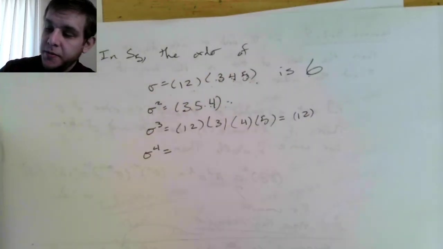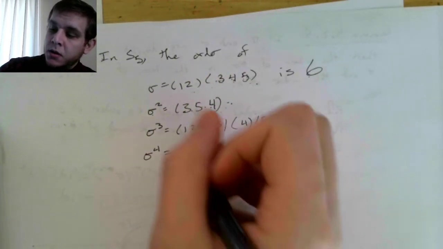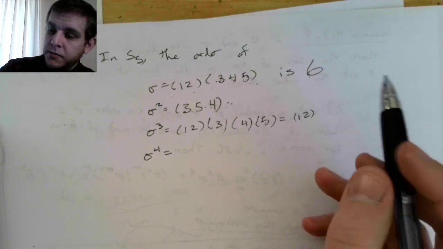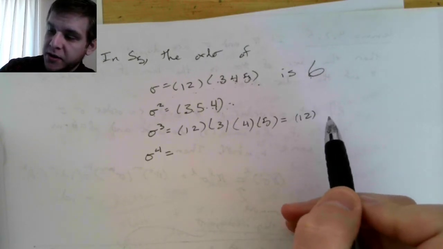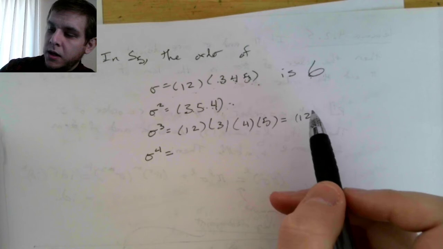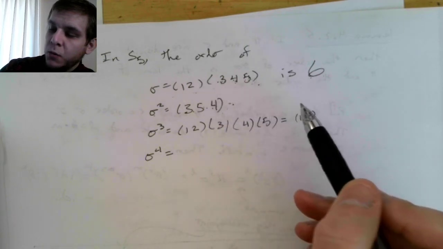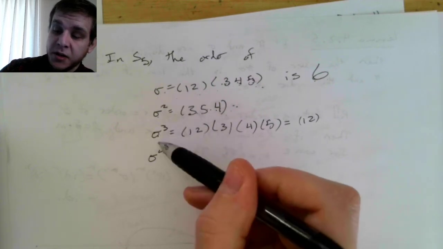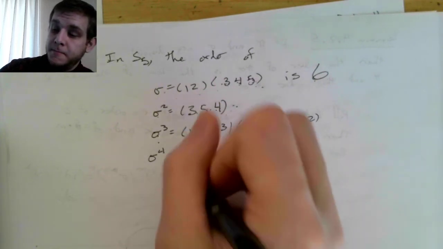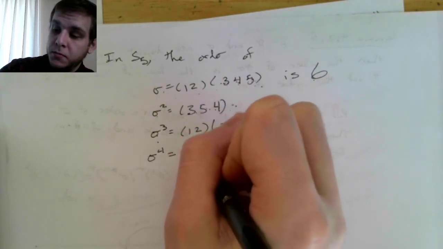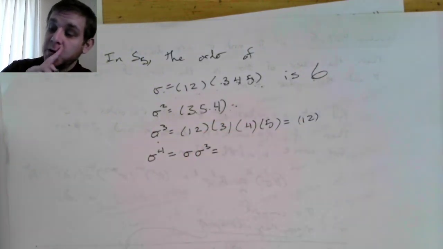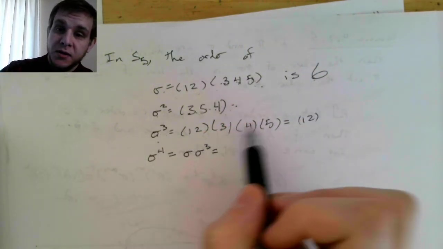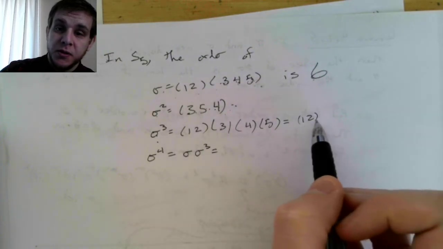Sigma to the 4th. Well, where does 1 go? I need to do sigma of sigma cubed, right? So if I want to see where 1 goes, I plug 1 into sigma cubed, it goes to 2.